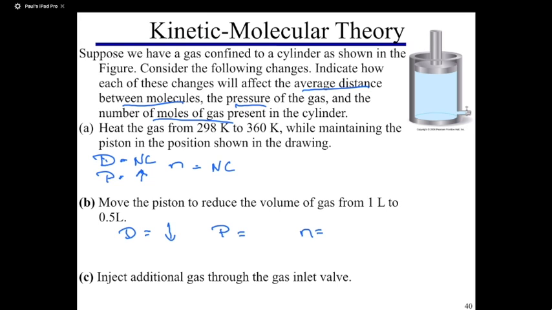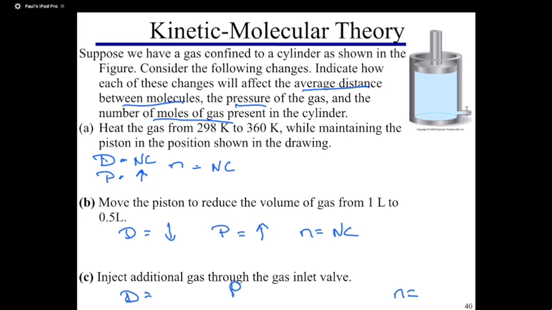It goes up. The molecules didn't speed up. They're going at a certain rate, but they're going to hit more often because the walls are closer. What happens to the number of moles if I move the volume? No change. They're still the same number. Distance, pressure, and number of moles.